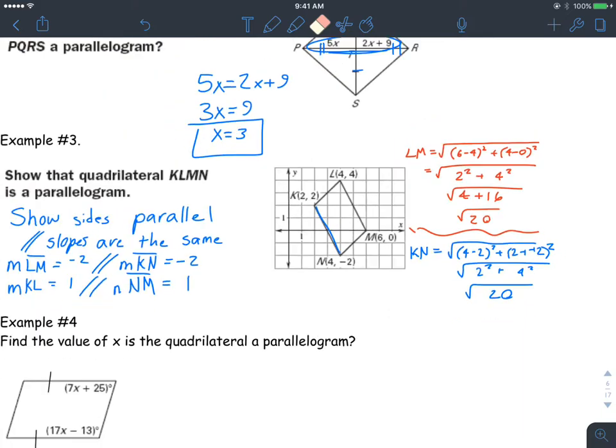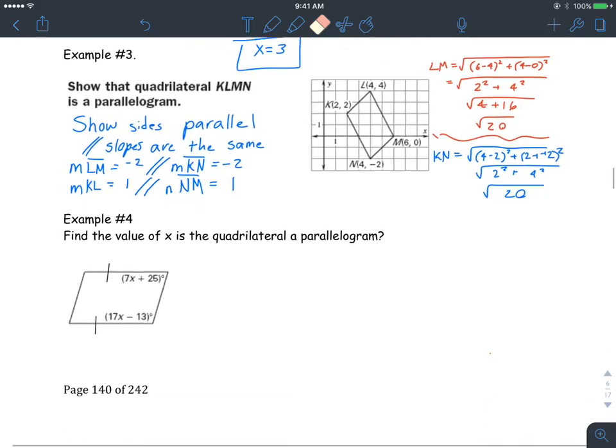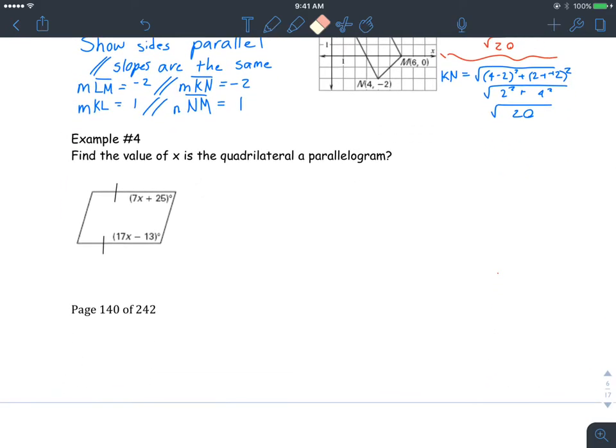So you can use a combination of two sides congruent and the same two sides parallel, which were the first set right there. You could also find the distance between your two other sides, LK and MN, to prove that those sides are congruent as well. All of those different combinations would prove that this is a parallelogram. So many different ways, there's not one single way.